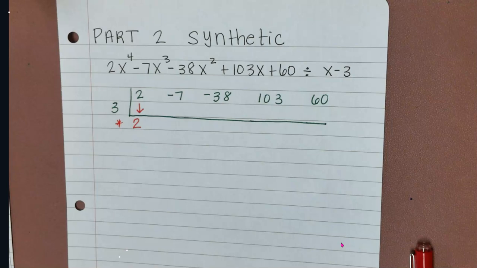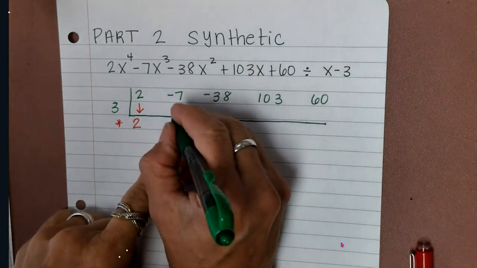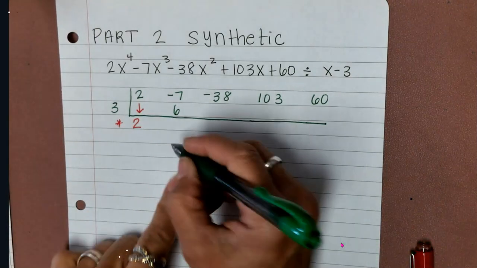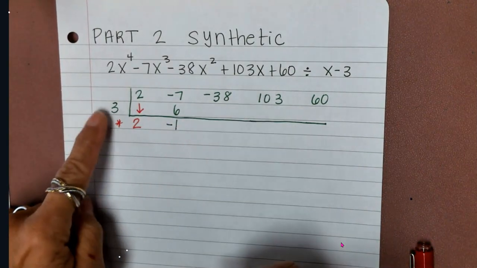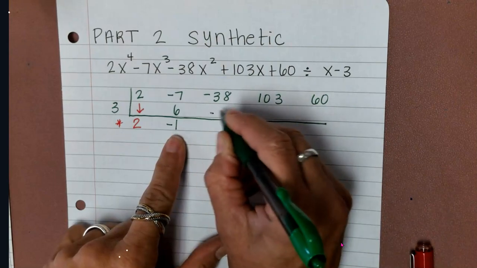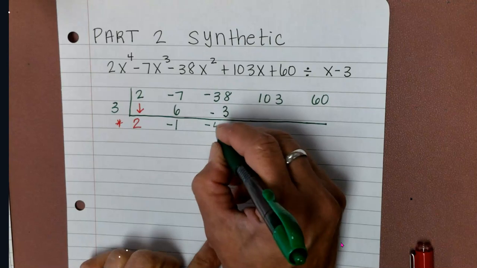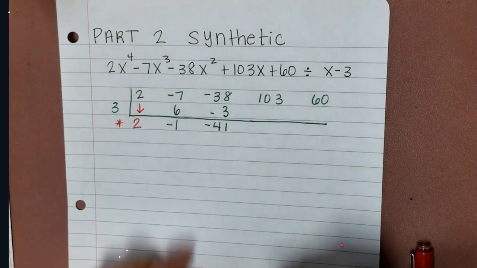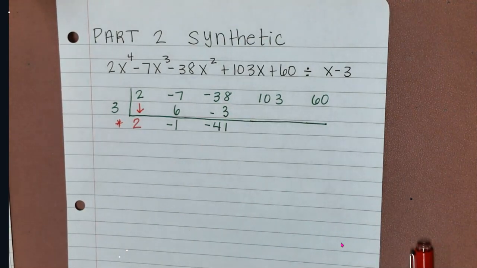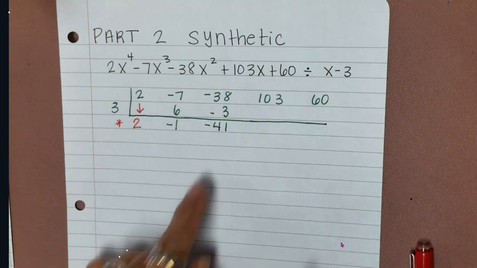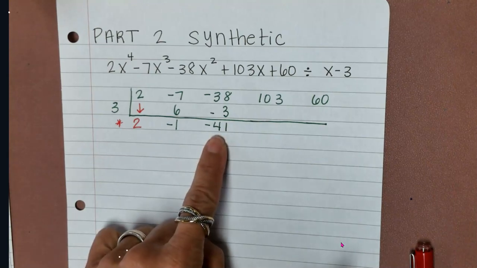So 3 times 2 is 6. I'm going to put a 6 right here. When I combine straight down, it's a -1. 3 times -1 is a -3. -38 and -3 is a -41. 3 times -41, you should be able to handle that in pre-cal. Think about 3 times 40.